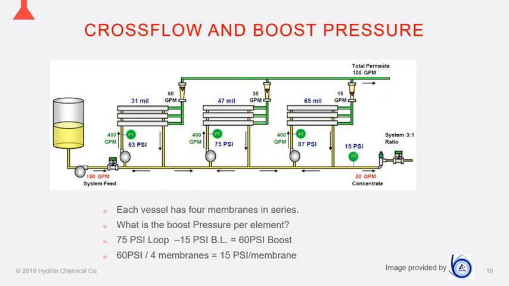Every recirculation pump will have a pressure transmitter or a pressure gauge on the outlet of the pump. So basically, what's going into the membranes or the vessels, there will be a pressure transmitter. And then we take the baseline pressure. If you follow the baseline all the way towards the concentrate valve, you will see a pressure transmitter and it will show your baseline pressure.